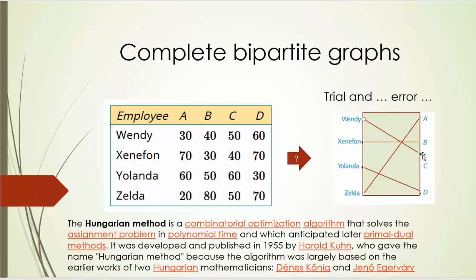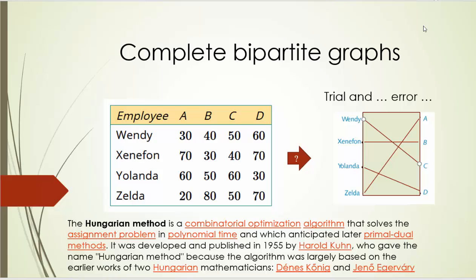So you can see that there are issues with doing that. That's what I've called trial and error. Now the Hungarian method, which you don't have to read this down here, is just explaining why it's called Hungarian, because it was designed originally by two Hungarian mathematicians, uses a complicated but relatively foolproof procedure.